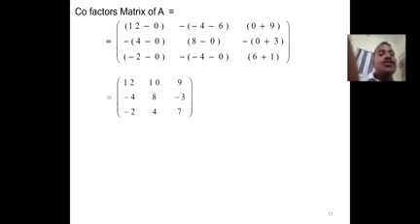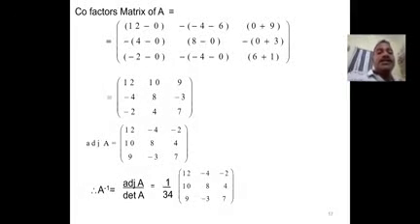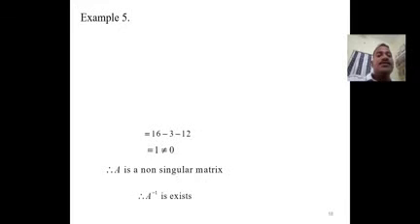That gives 12 10 9, minus 4 8 minus 3, minus 2 4 7. Now the adjoint of A is the cofactor transpose. You get 12 minus 4 minus 2, 10 8 4, 9 minus 3 7. Now A inverse is adjoint A by det A, 1 by 34 into adjoint of A, which you can leave as it is. This is the required matrix.